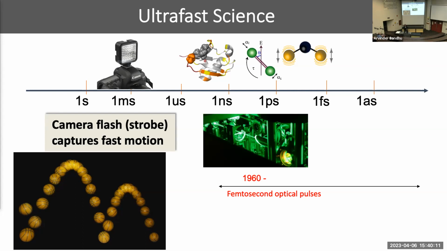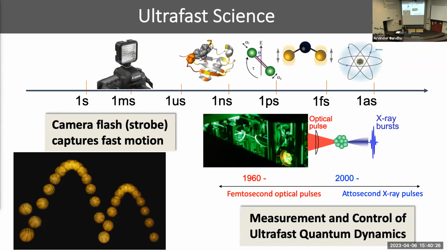You can buy the laser from a supplier and start doing your condensed matter, ultra-fast science, or physical chemistry, or atomic physics, yeah? But the electronic motion was out of reach because, as Robert mentioned, the electronic timescale is much faster than the vibrational or rotational motions.